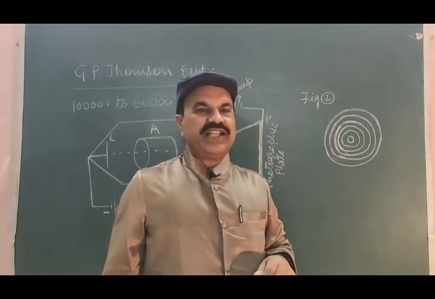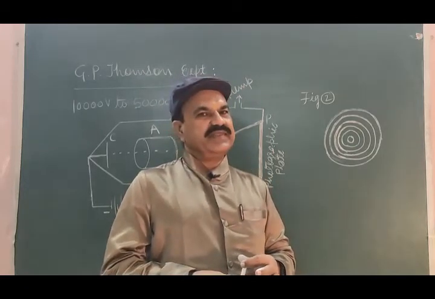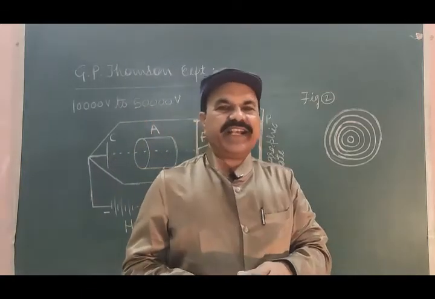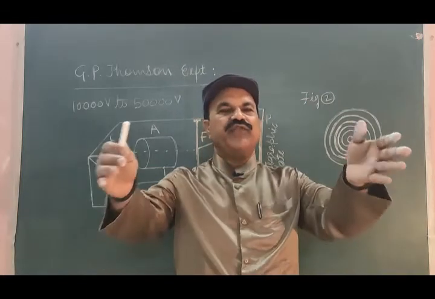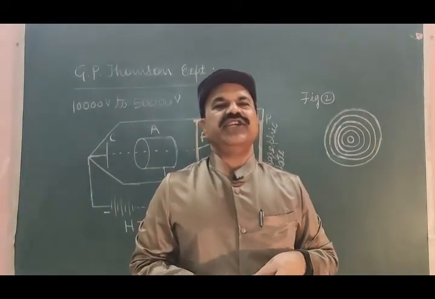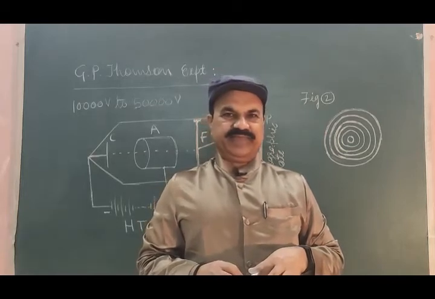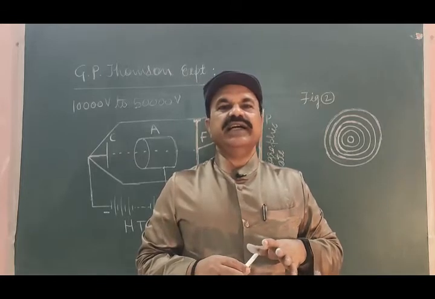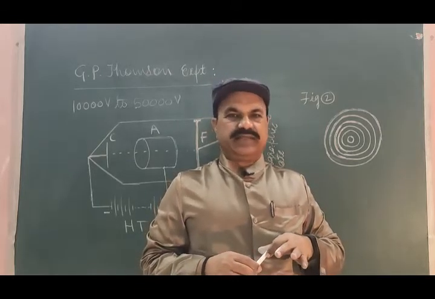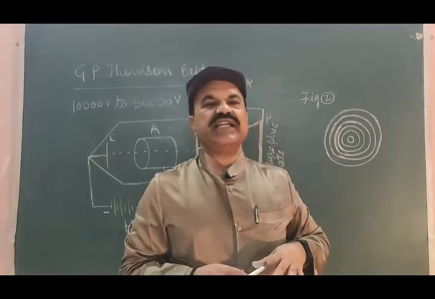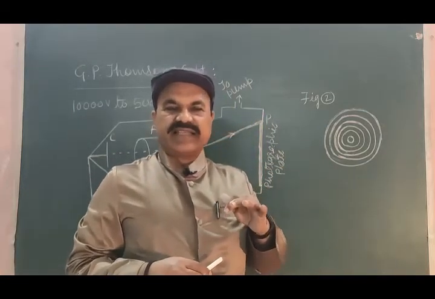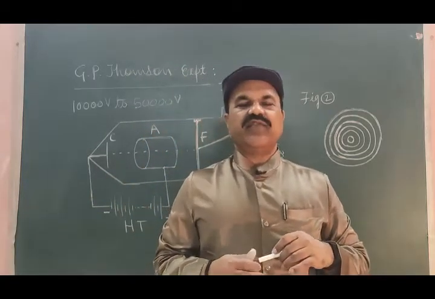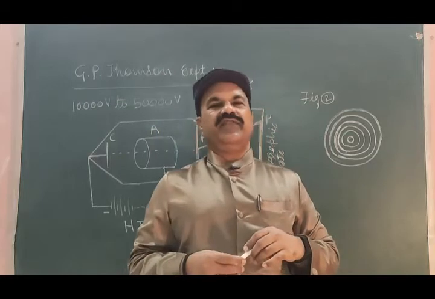X-rays are electromagnetic waves. They are not deviated, either attracted or repelled, by an electric or magnetic field. X-rays do not get attracted or repelled from a magnetic or electric field.